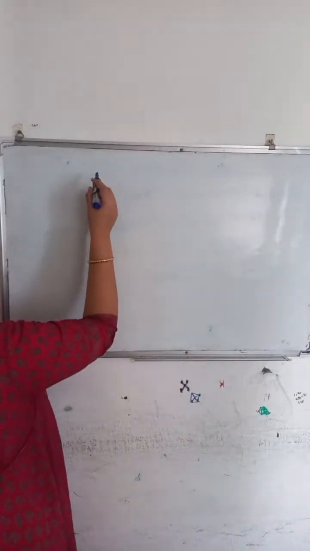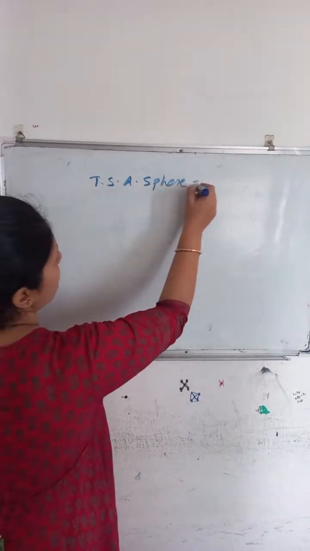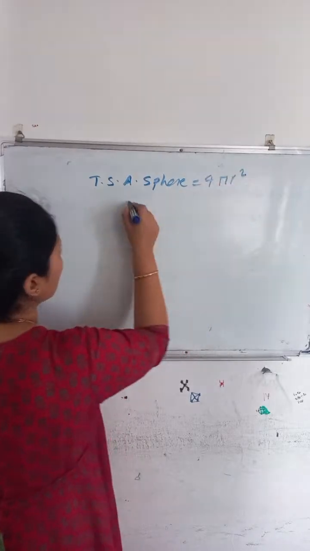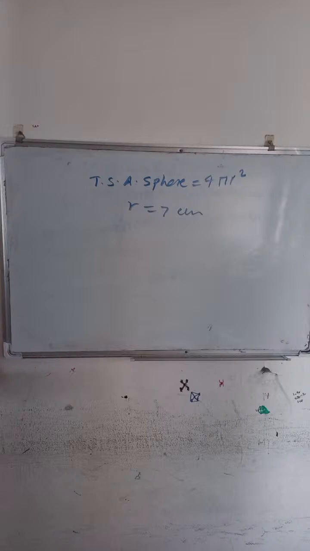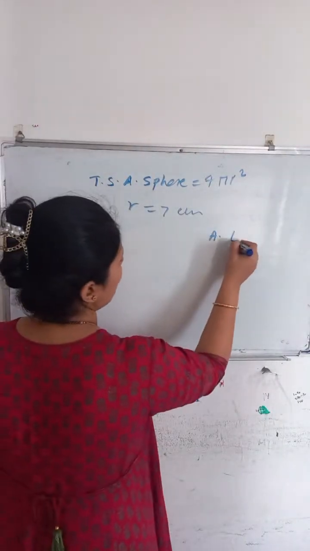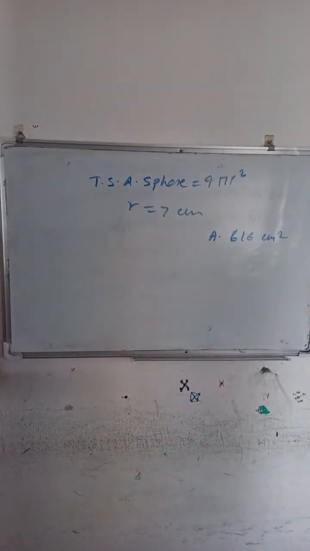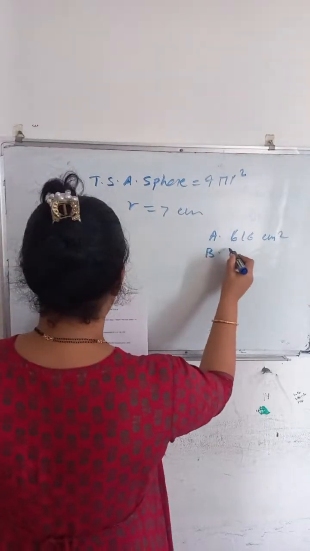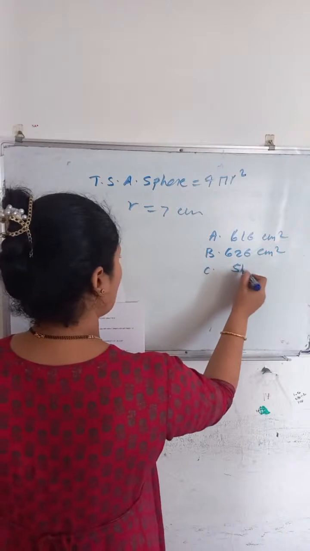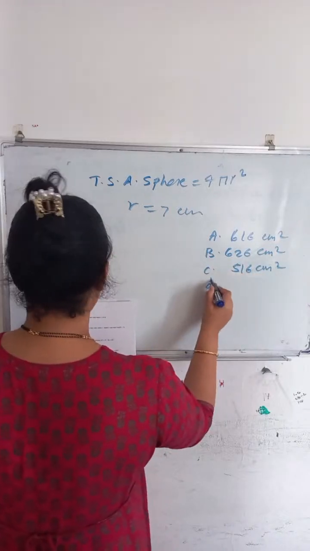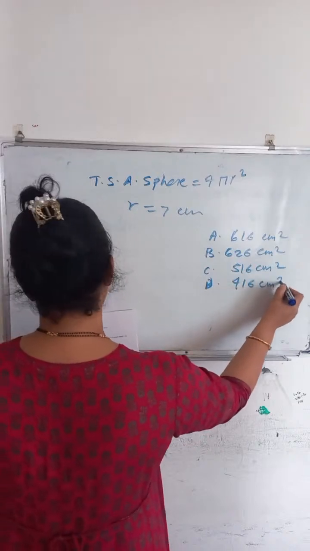The TSA of a sphere is nothing but 4 pi r square, and here r is given as 7 centimeter. Radius of the sphere is given, and options are given here. A 616 centimeter square, then B option 626 centimeter square, C 516 centimeter square, D we have 416 centimeter square.